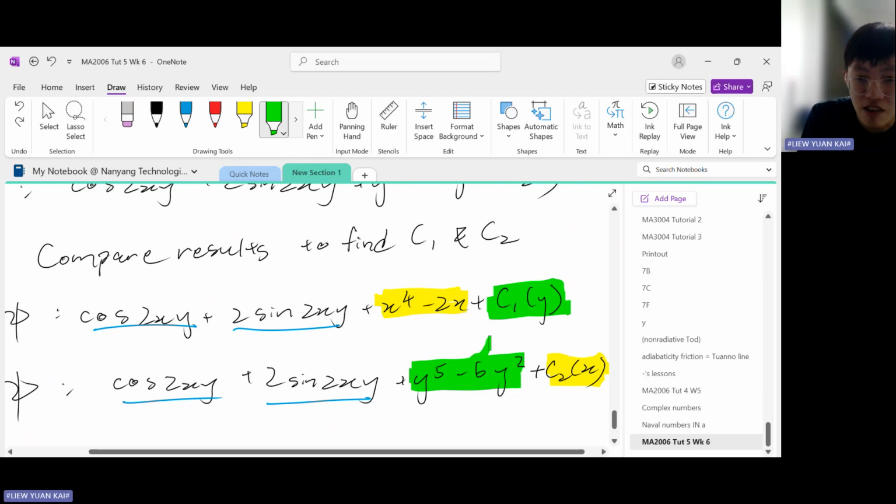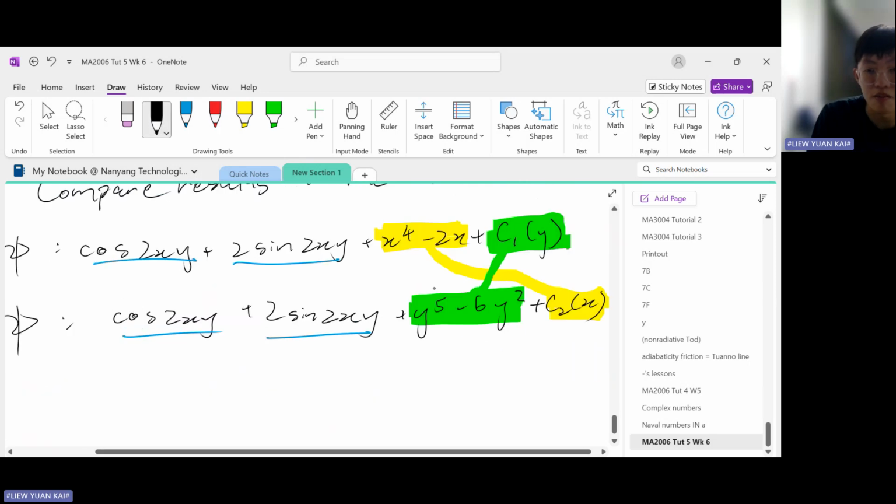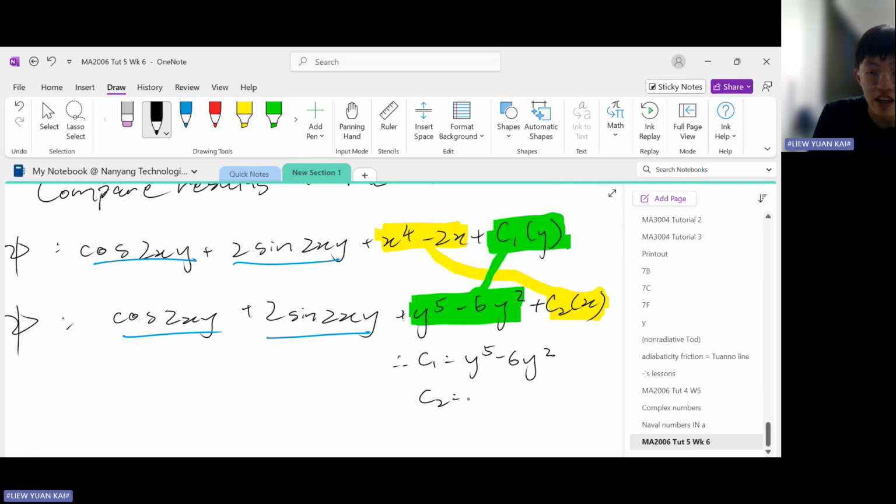So C1 is actually y to the power of 5 minus 6y squared. And then C2 is actually x to the 4 minus 2x. So from this comparison, we can tell that C1 is equal to y^5 minus 6y squared, and C2 is equal to x^4 minus 2x.